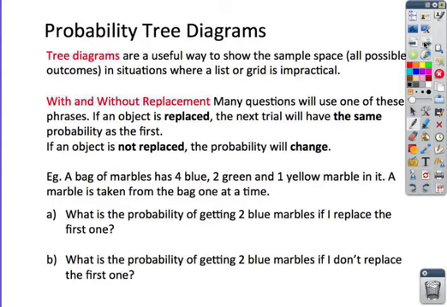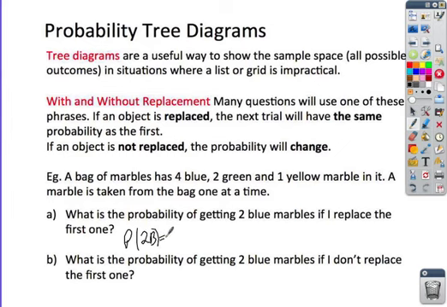All right, we'll answer this question. A bag of marbles has 4 blue, 2 green, 1 yellow in it. A marble is taken from the bag one at a time. What is the probability of getting 2 blue marbles if the marbles are replaced? So in that case, the probability of 2 blue can be calculated.